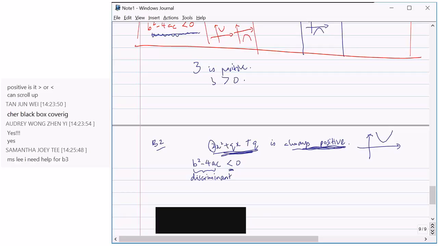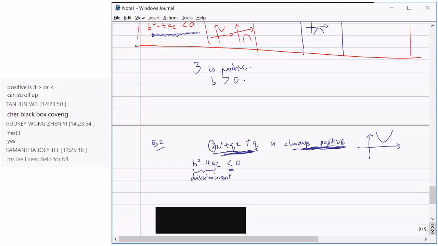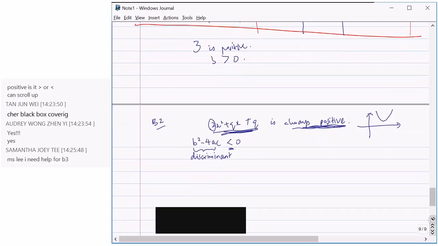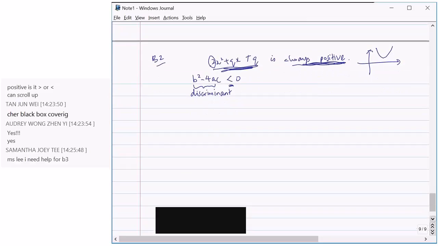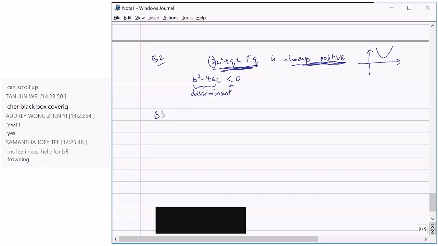B3. Okay, wait. Where's B3? Below the x-axis. Okay. Samantha, when they say a graph is always below the x-axis, how will you sketch that graph? Firstly, does it sound like a smiling or frowning curve? Frowning, right? And it's always below the x-axis. So where should I draw this curve? Is it up above the x-axis or down below the x-axis?